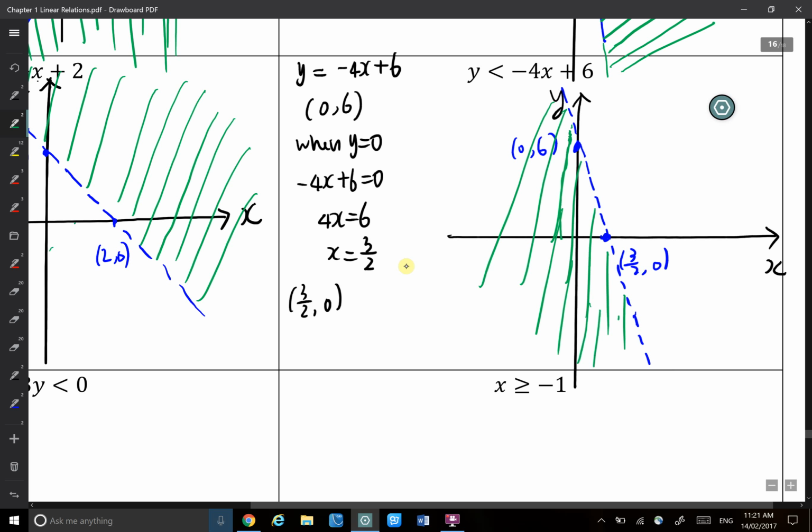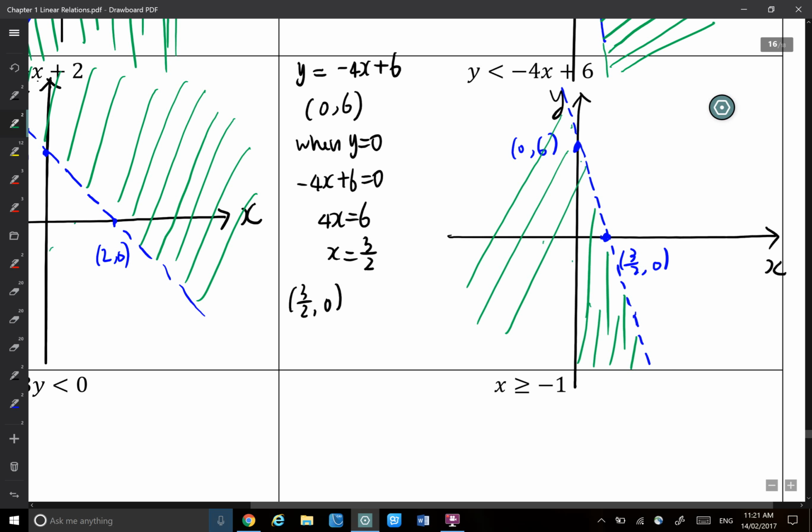All of here needs to be smaller. So it should be this area, and here is the region required.